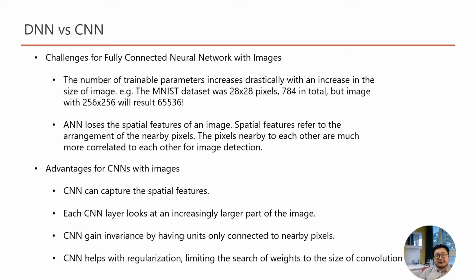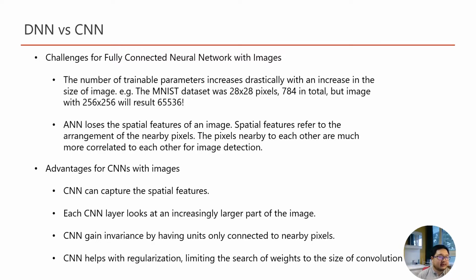First of all, the number of trainable parameters will increase drastically with the increase of the size of the image. For example, the MNIST dataset has 28 by 28 pixels, so you have an input of 784. However, for images of 256 by 256, which is quite normal nowadays, it will result in about 65k parameters.